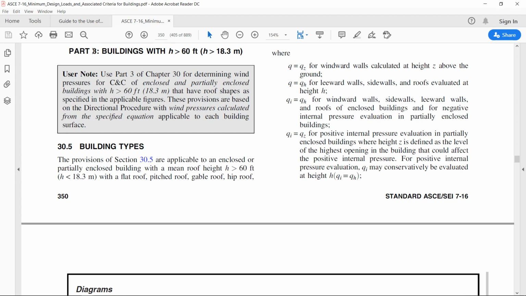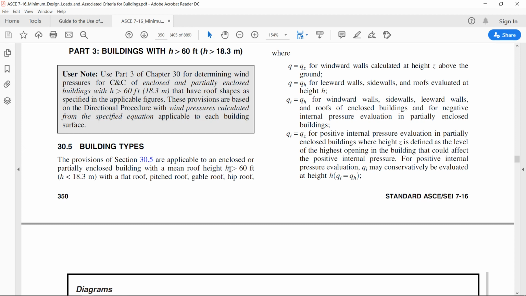This part is applicable for buildings which are higher than 60 feet. So it is clearly mentioned that use this part 3 for determining the wind pressure for component and cladding of enclosed and partially enclosed buildings with height greater than 60 feet and that have roof shapes as specified in the applicable figures.